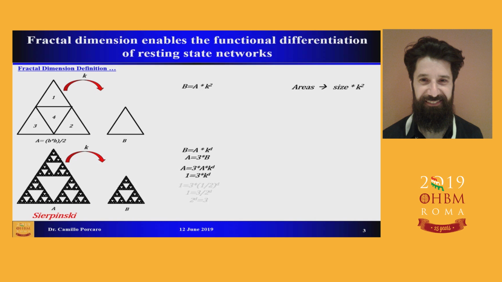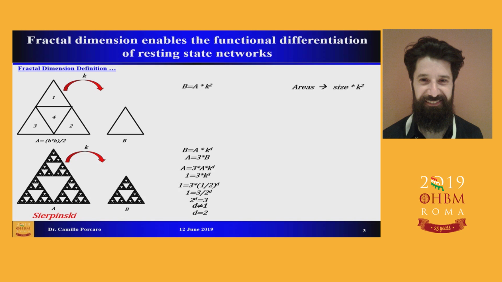If we do some algebra, we find in the end that 2 raised to D is equal to 3. If we hypothesize that this triangle has a dimension equal to 1, we have that 2 is equal to 3, which of course is impossible. And if we assume that the dimension is 2, we have that 4 is equal to 3.